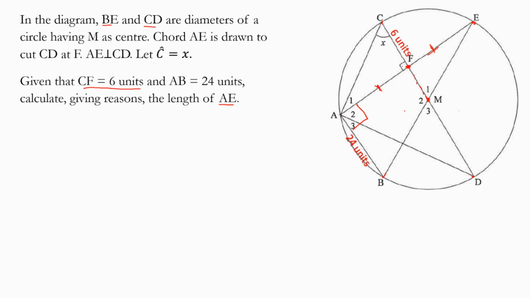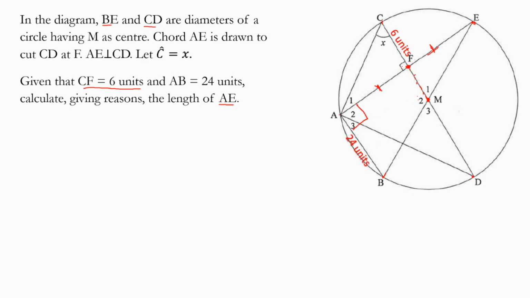So what can you say here? It means that FM is parallel to AB because of the midpoint theorem. And also FM is equal to half of AB because of the midpoint theorem.